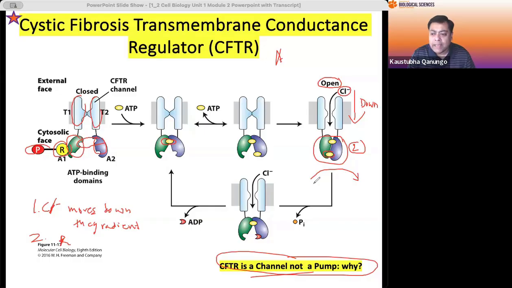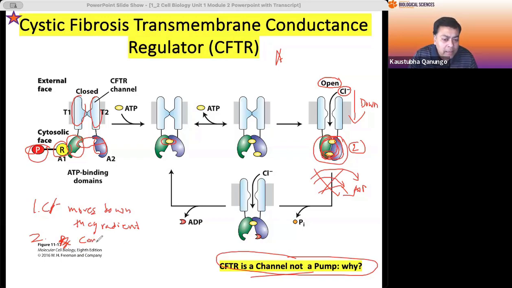So that means for every ion molecule that is being moved, you will require ATP. Here it is not. You just only need two ATPs to open it. So two ATPs to open it, and it will remain open as long as the signal is there and the ATP remains bound to it. And once the signal is gone, this ATP will be hydrolyzed and the channel will stop.